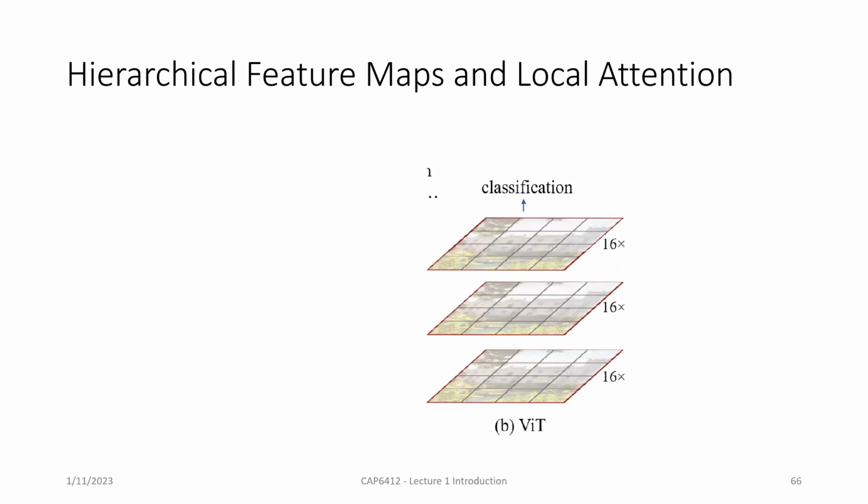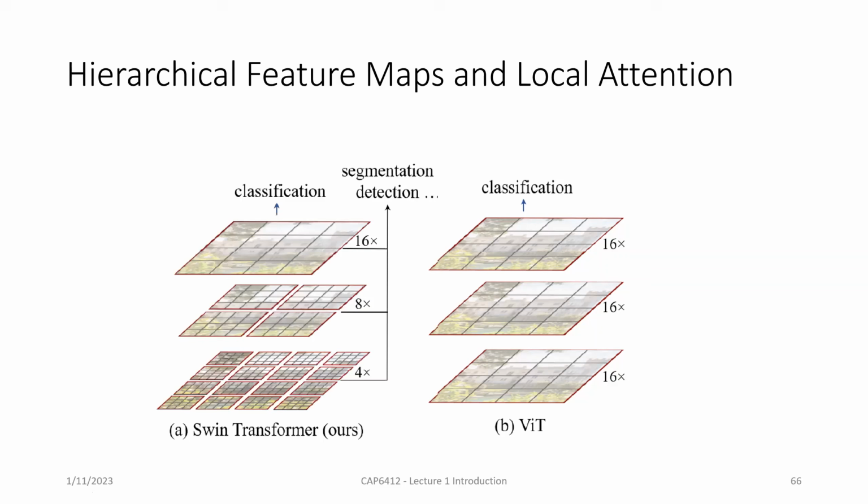As we explained for ViT, we are looking at the 16 by 16 patch, and it remains the same throughout the layers, so this token will get attention from all other tokens. There is a lot of computation. What they did in Swin is that their token is smaller, 4 by 4 at this level, and then they look at this window.